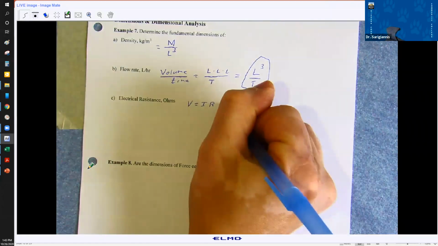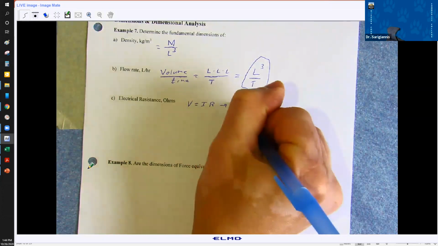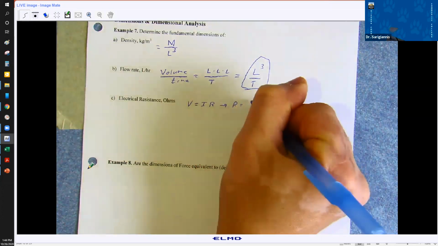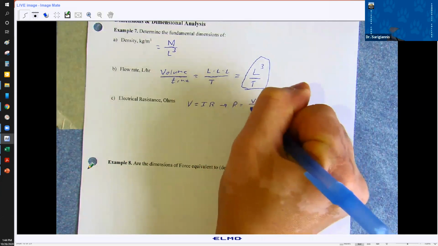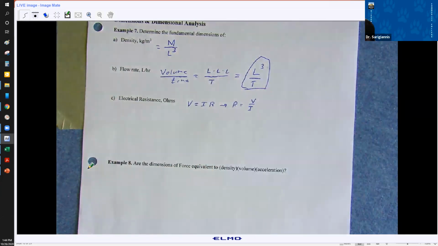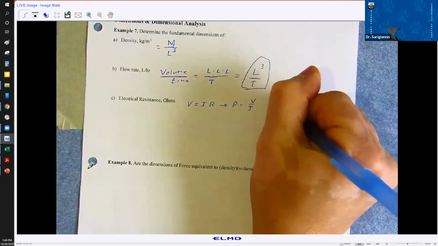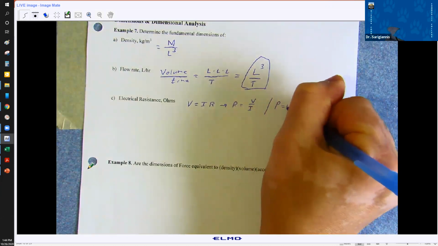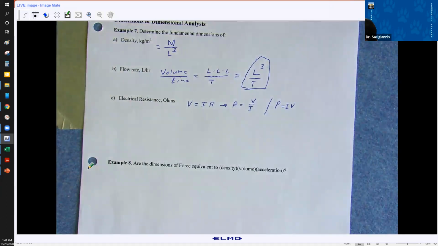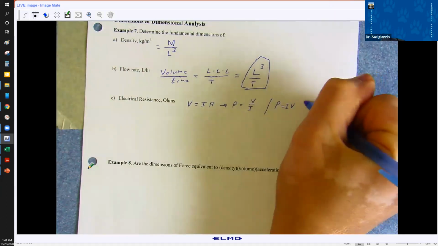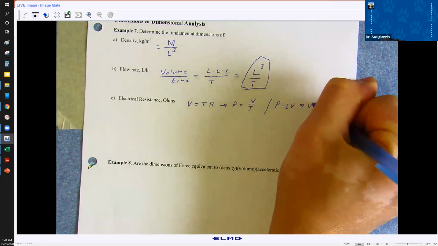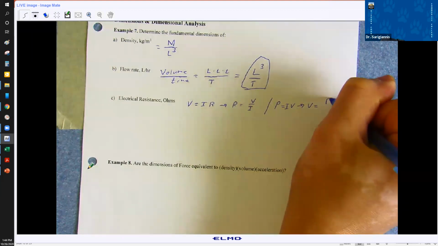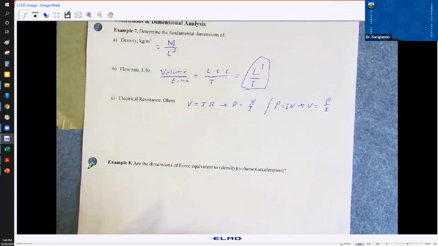Based on this, we can rewrite this as R equals V over I, right? We also have another equation, power equals IV. And here we can rewrite this as V equals P over I.